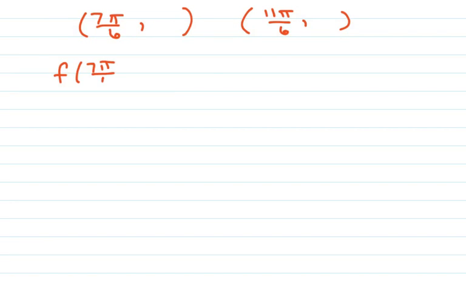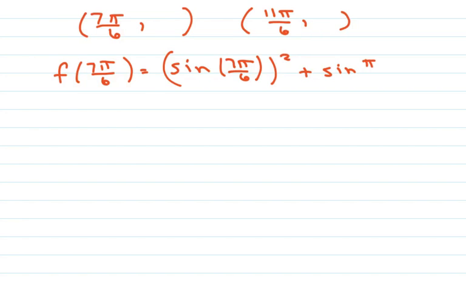And now we're going to do our minima. Our minima were at 7 pi over 6 and 11 pi over 6. Again, you're just plugging into your original equation, which gives you sine of 7 pi over 6 squared plus sine of 7 pi over 6, and that gives you negative 1/4.